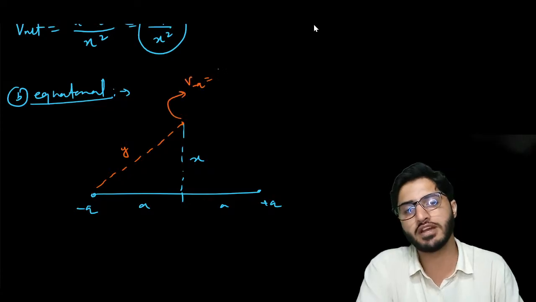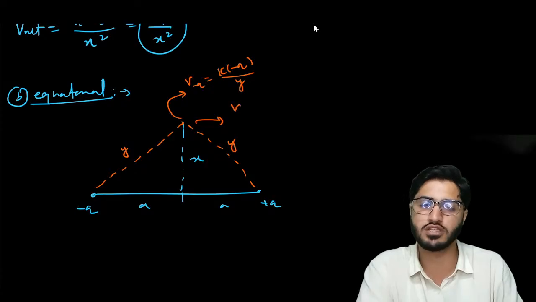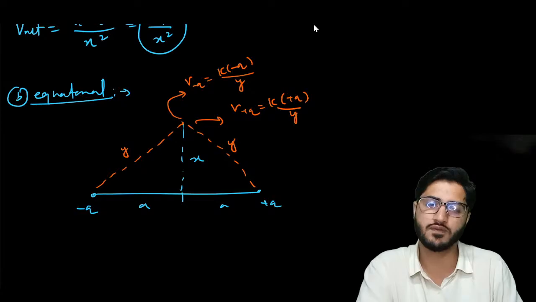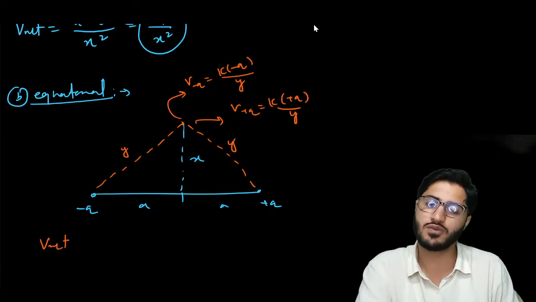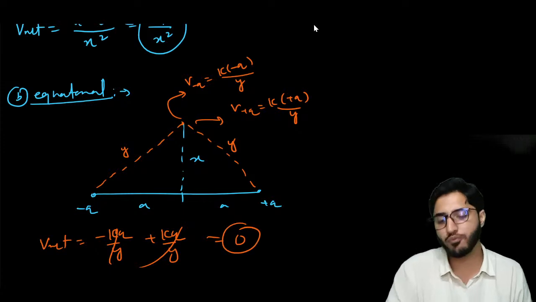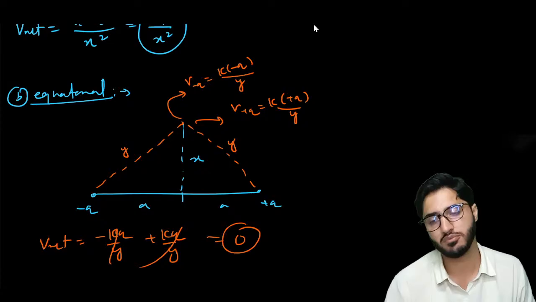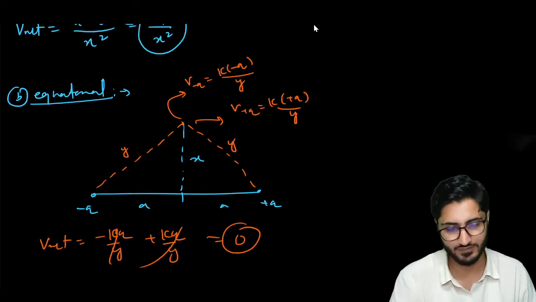Potential due to minus q will be kq divided by y, and potential due to plus q will be kq divided by y. So what is V net now? Minus kq by y plus kq by y cancels out to 0. So electrical potential at the equatorial point is 0, but not at the axial point. Done, beta?